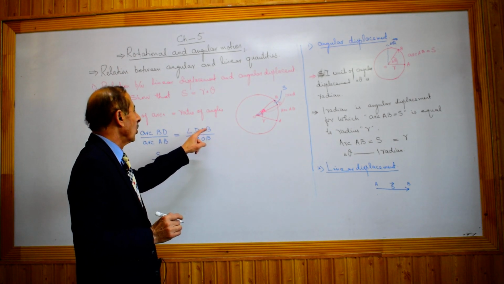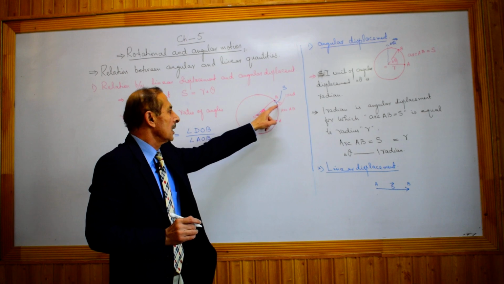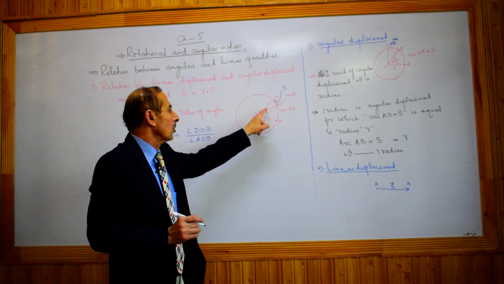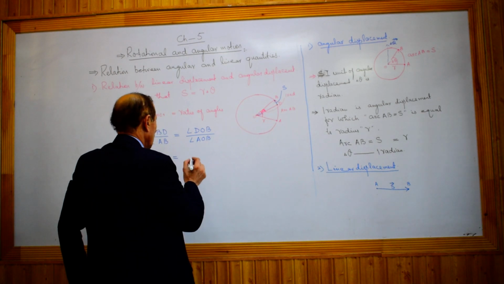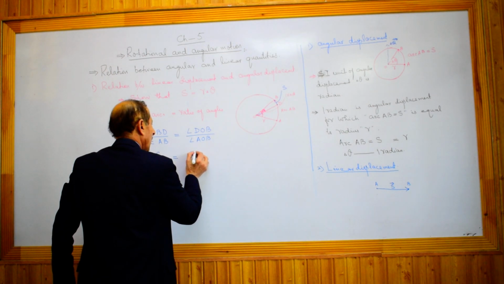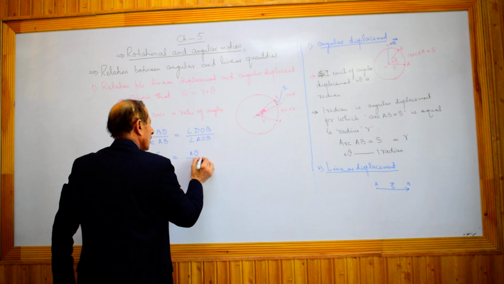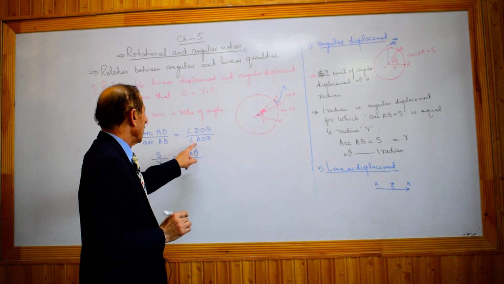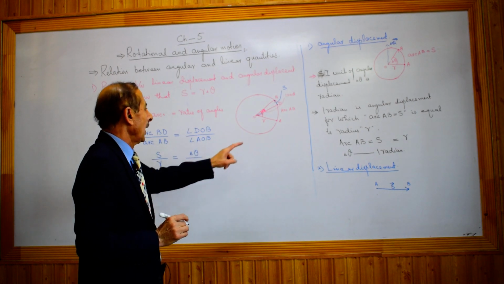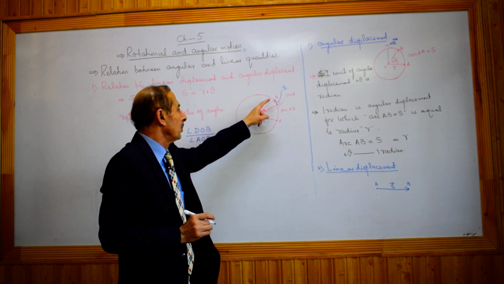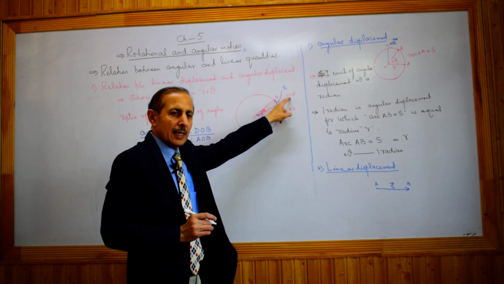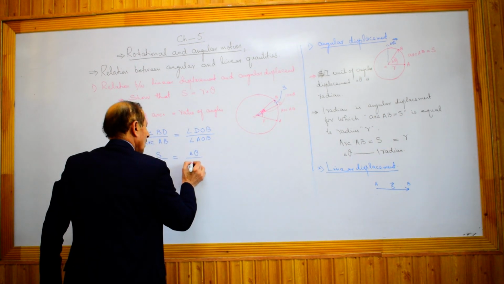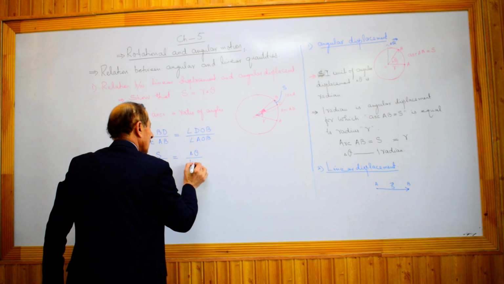Angle DOB is equal to delta theta, the angular displacement, divided by angle AOB. Angle AOB is equal to 1 radian.